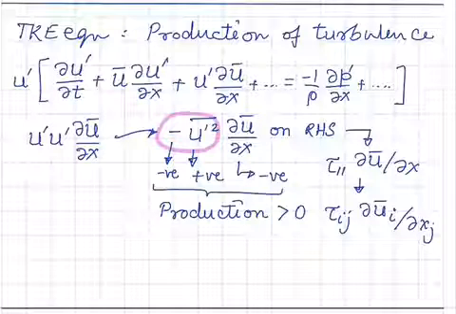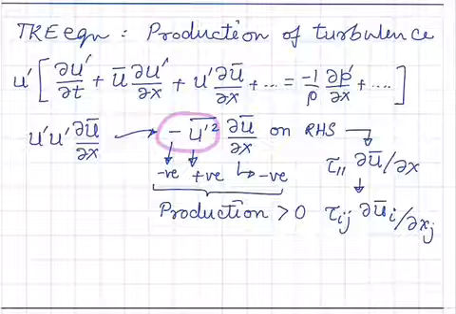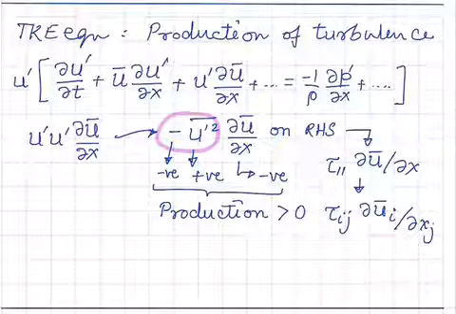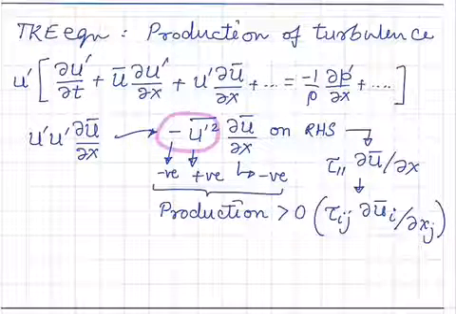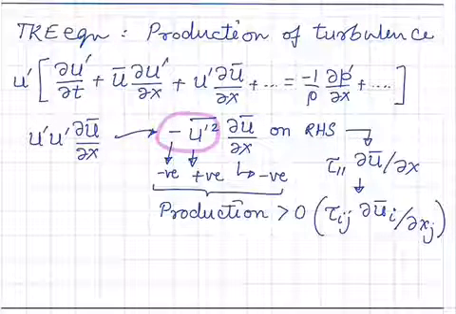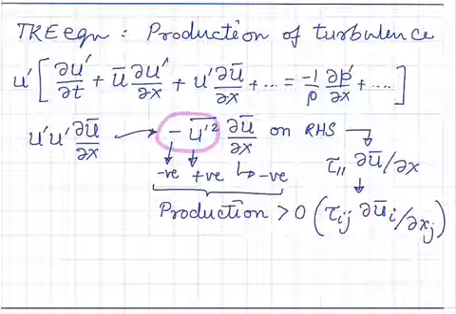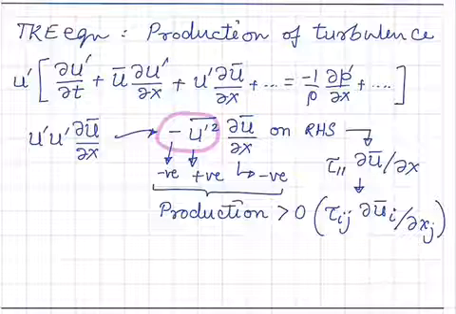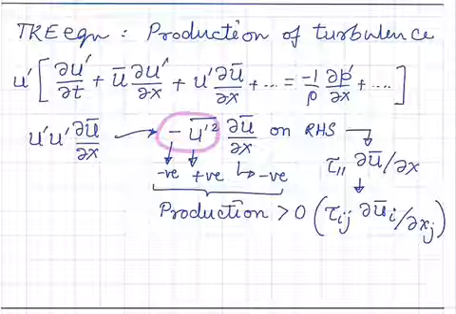So any velocity gradient, whether it's of u, v, or w in a general three-dimensional flow, in any of the directions, can generate turbulence, which is given by this form. This is the term which appears in the turbulent kinetic energy equation, and it's called production. So to recap, we have discussed dissipation effect, diffusion effect, and now we have production effect.